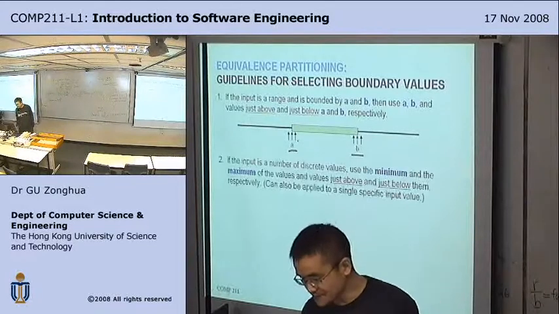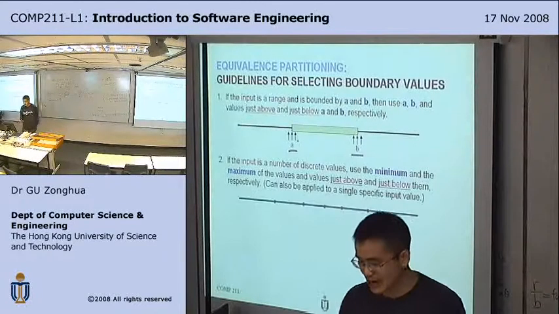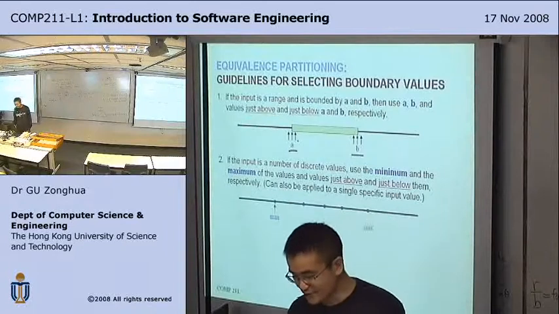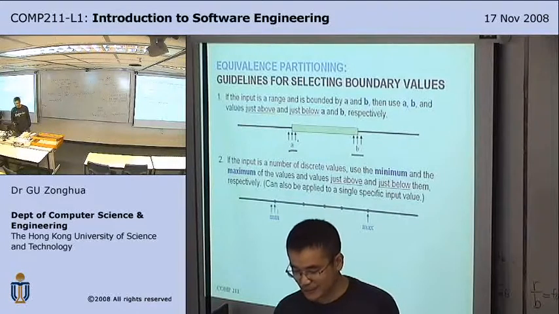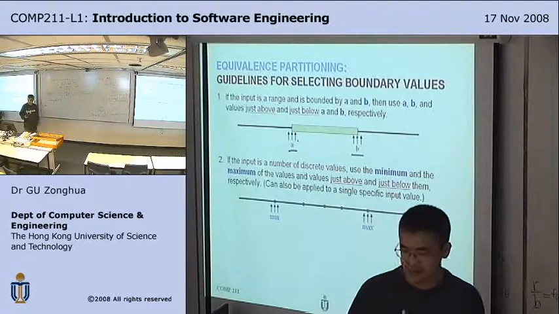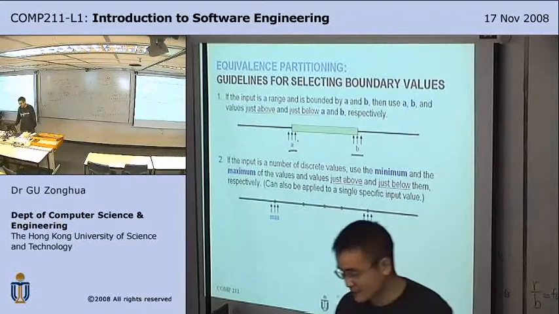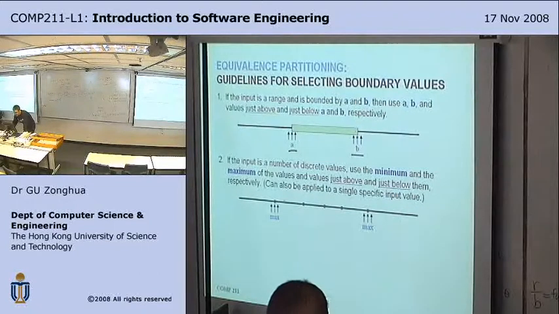If the input is a set of discrete values, then use the minimum and maximum of the values, and the values just above and just below them. Say the input is perhaps 0, 50, 200, and 260.